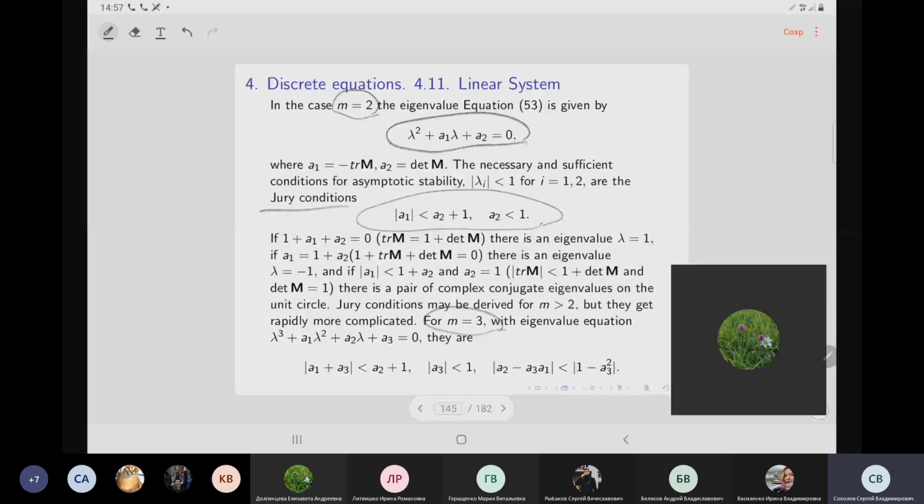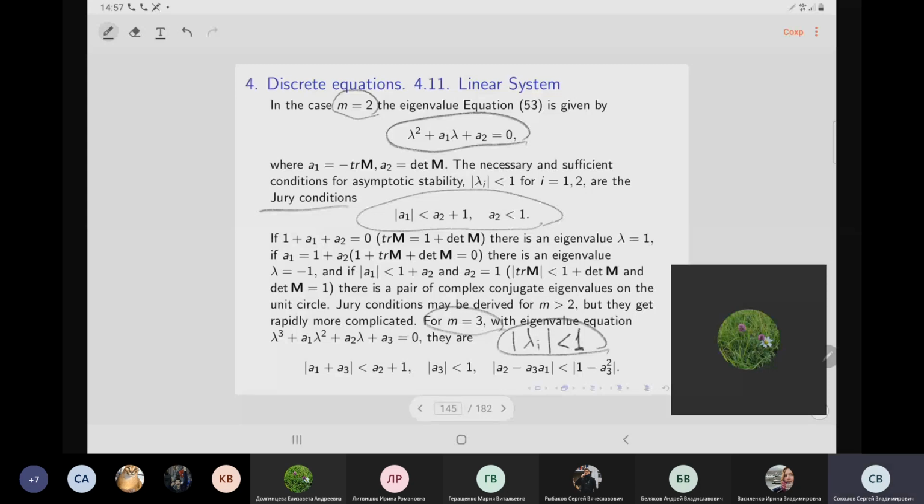So the same, all eigenvalues lambda must not exceed 1. We can derive it by exact formulas. We can just find the lambda_i and solve this inequality.